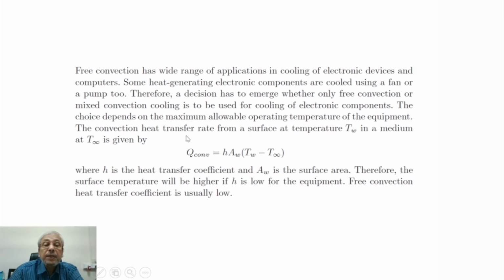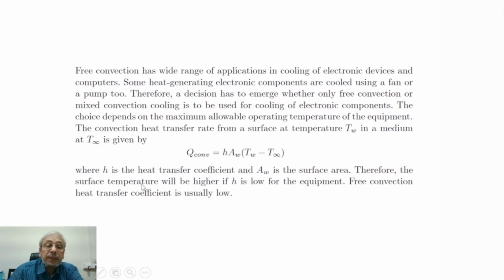The convection heat transfer rate from a surface at temperature Tw in a medium at T infinity, as usual, will be given by h Aw (Tw minus T infinity). h is the heat transfer coefficient and Aw is the surface area.